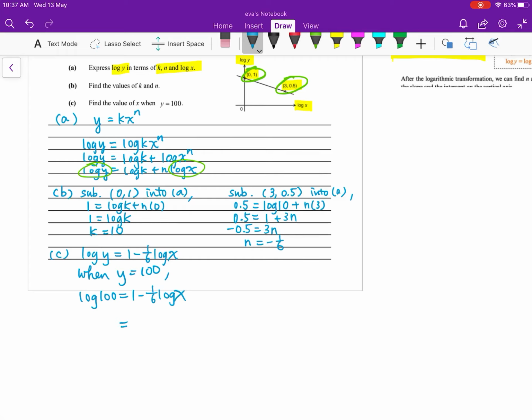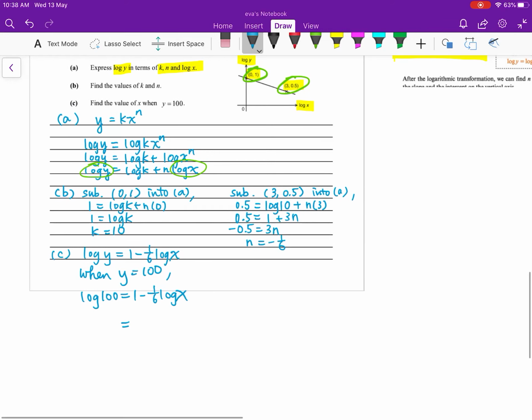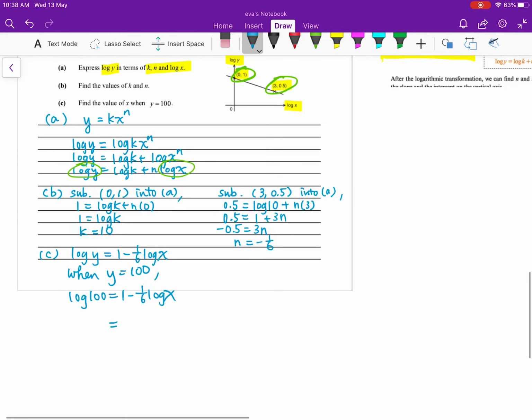So log x will be, so move all the things. Log 100 is 2, equal to 1 minus 1 over 6 log x, and then 1 equal to negative 1 over 6 log x.